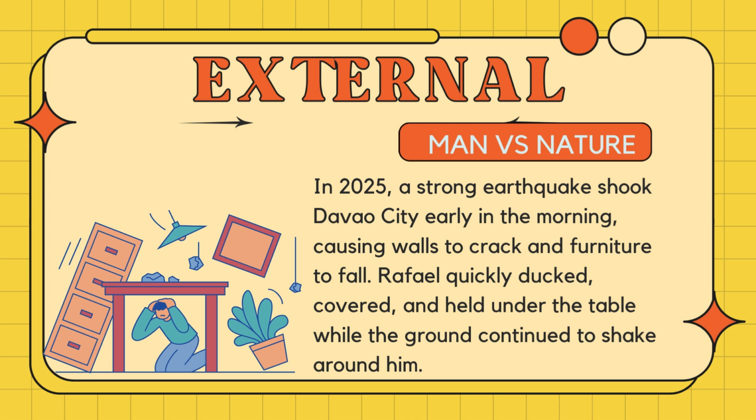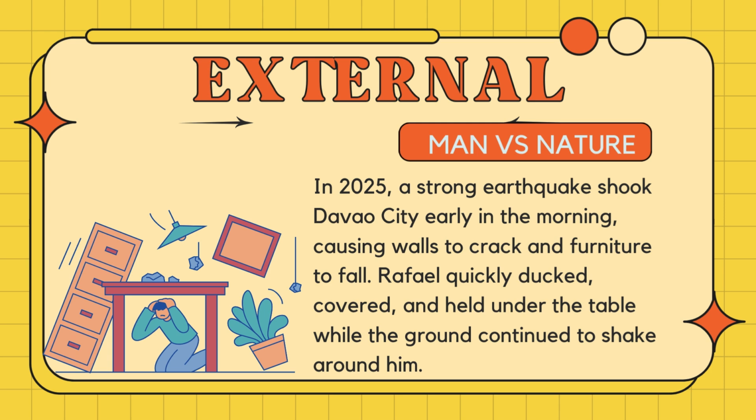Raphael quickly ducked, covered, and held under the table, while the ground continued to shake. Earthquakes can't be predicted by any device, and we cannot control them. However, with proper preparation, we can survive this natural disaster.